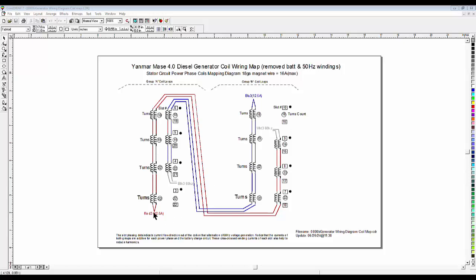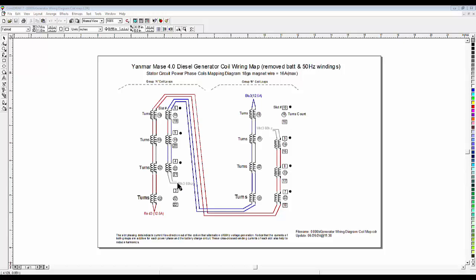For the red phase, we'll call this the hot side of the line. This will be the common side of the line. On the blue phase, we connect at the opposite, the hot side of the line. Down here's the common side of the line if you're talking in typical AC terms. So the coils are in phase, therefore the windings should be relatively simple.